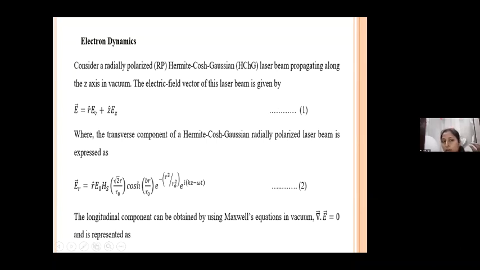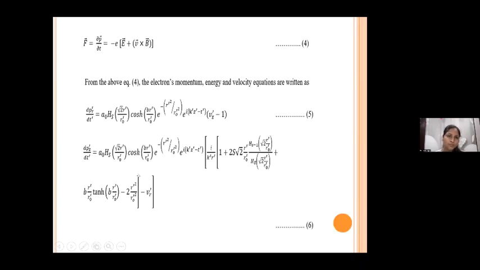This is a simple electric field profile for this radially polarized Hermite cosh Gaussian beam, where we have two components, and we can see that the transverse component is given as this, where E0 is the amplitude, HS is the order, under root 2R, beam waist, initial spot size, decentered parameter B, and these things are there. The longitudinal component I have derived from this equation number 2.